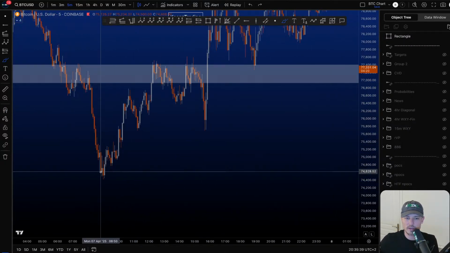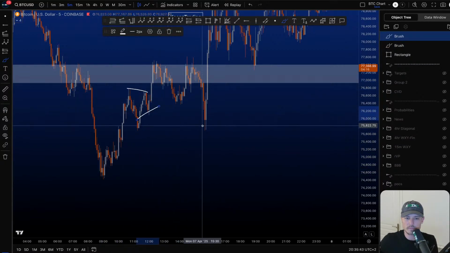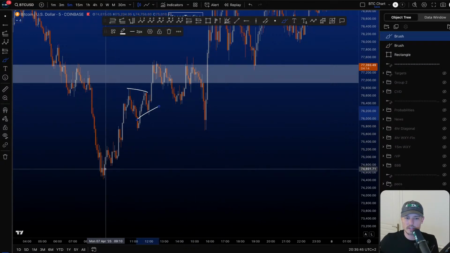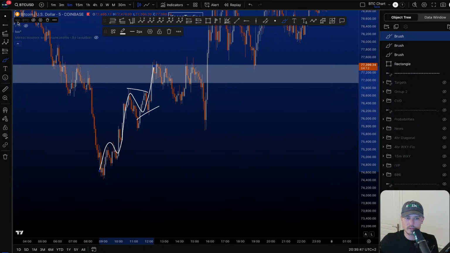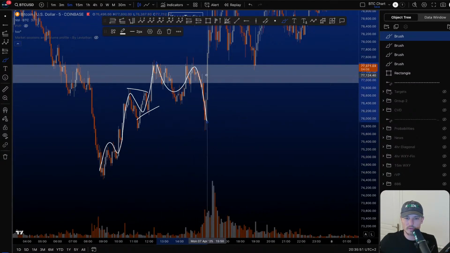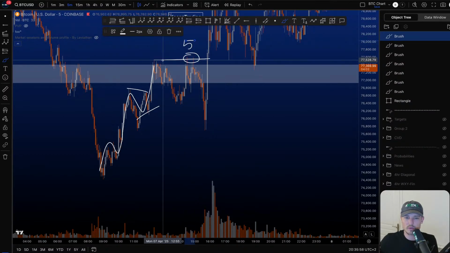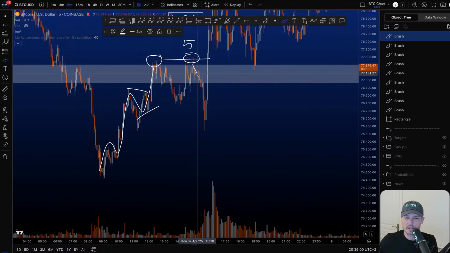So for example, here we have our 1, 2, 3, 4, 5-wave structure, right? It's quite neat, no? Then you have a 3-wave move down, right? You swing the highs. Generally, what you don't want to see is a wave 5 that only swings the high of a 3 and then starts to move down.